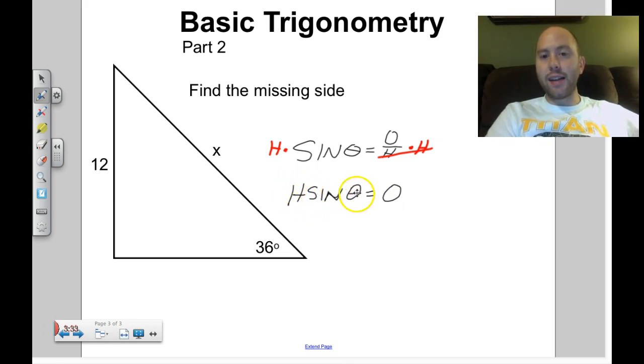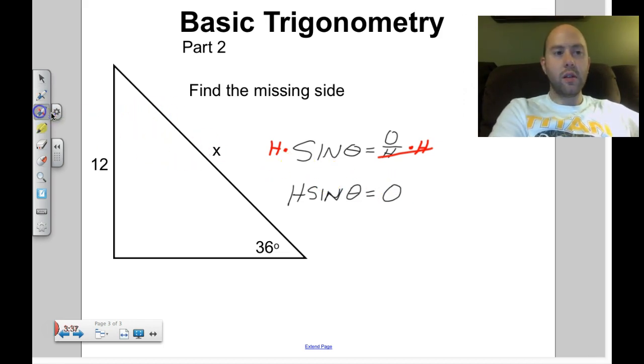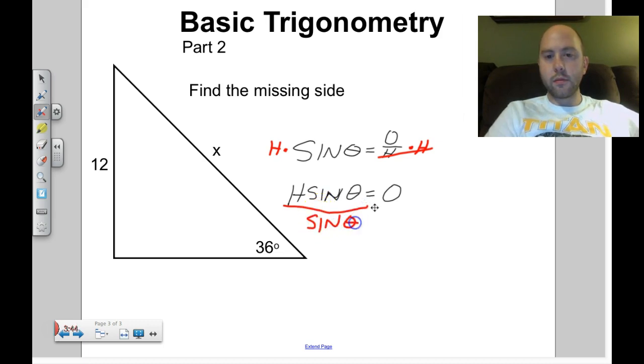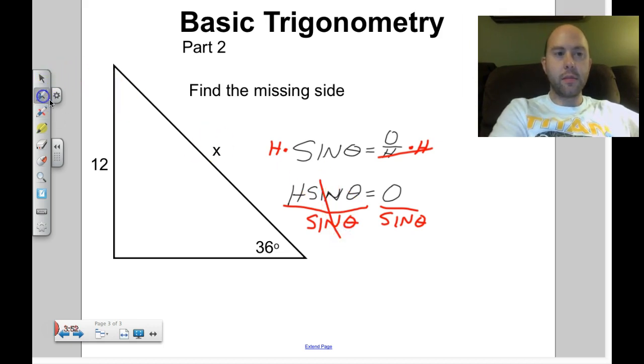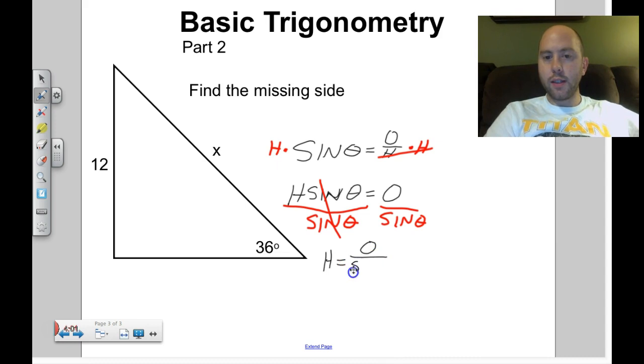So to bring the sine theta over to here, all you have to do is divide both sides by sine theta. Now the sine thetas cancel. And here's my final equation. Hypotenuse equals opposite over sine theta.